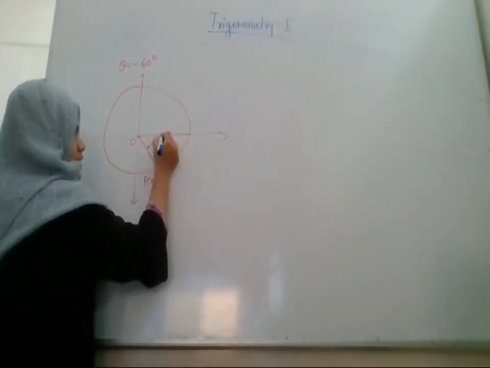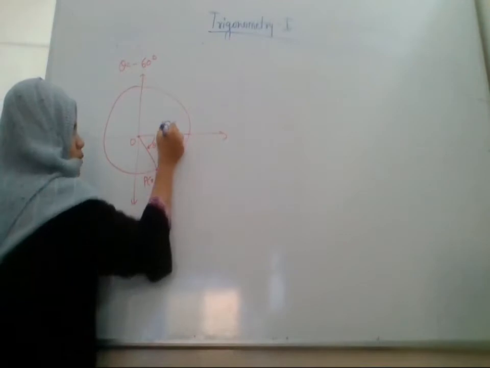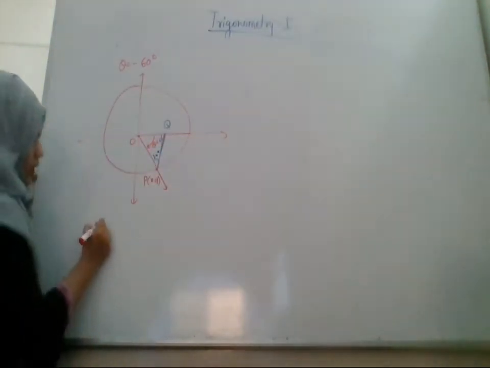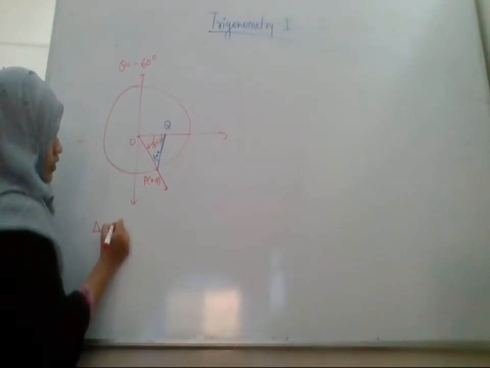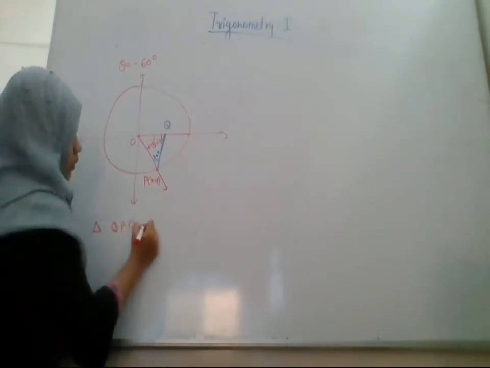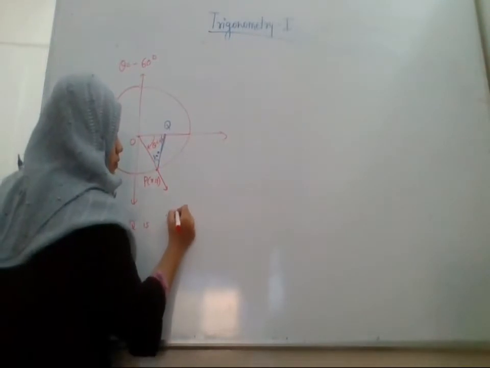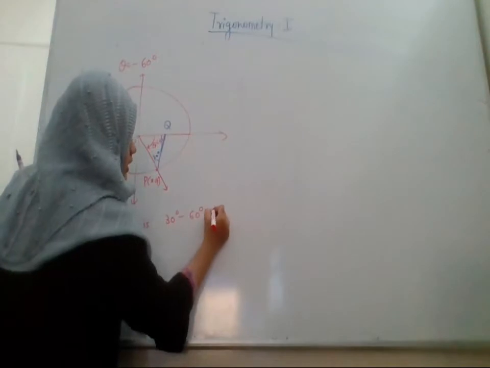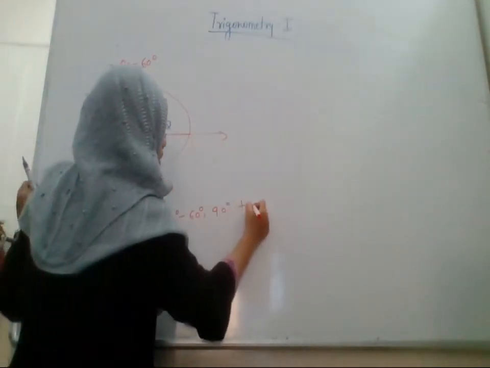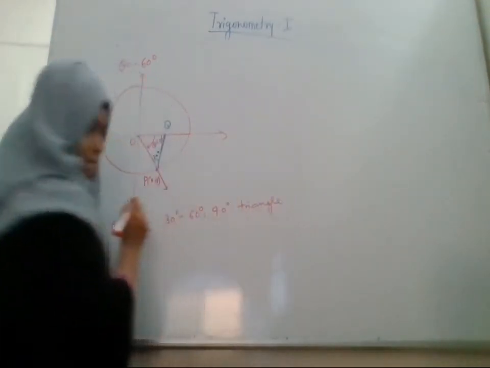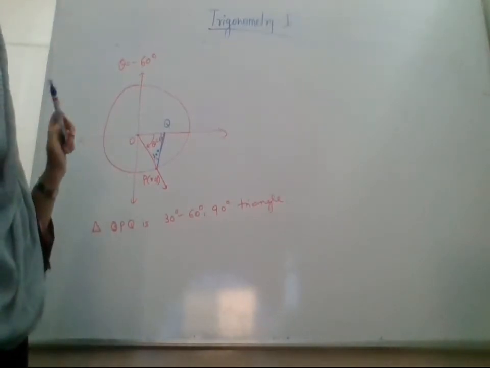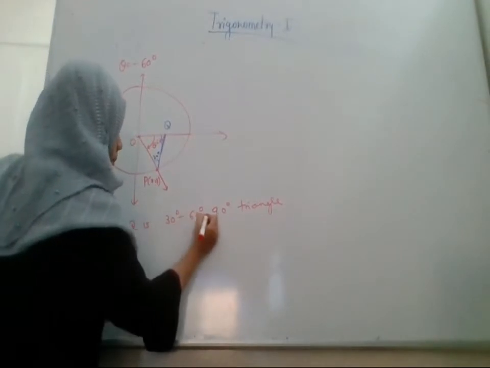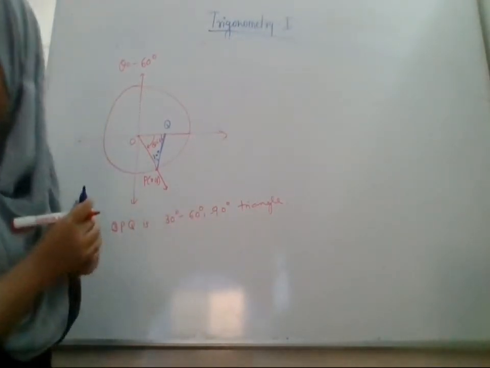Now we'll make a perpendicular. Here it is 60, here it is 90. Suppose this is PQ. So this will be 30 degree. So we have got one triangle, OPQ, which is a 30, 60, 90 degree triangle.